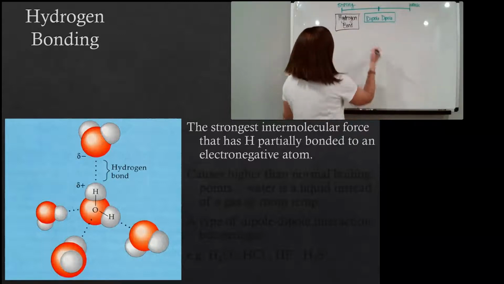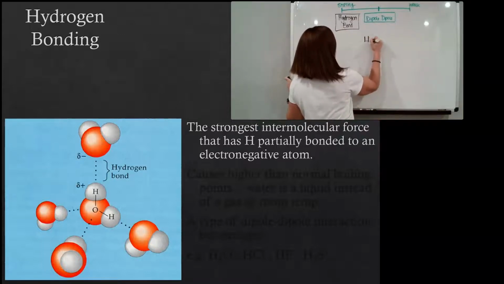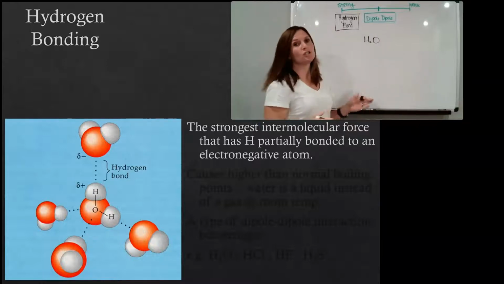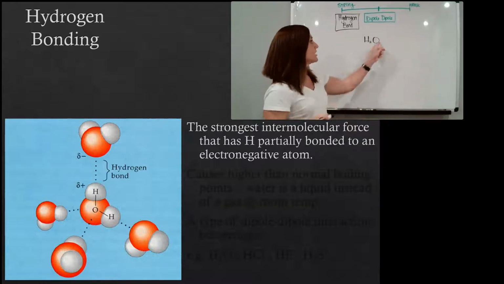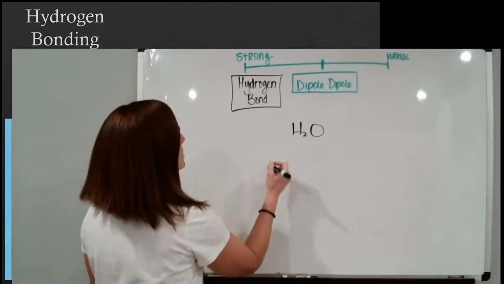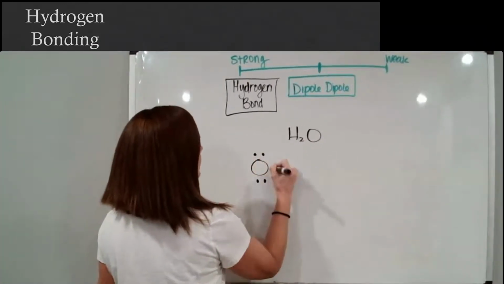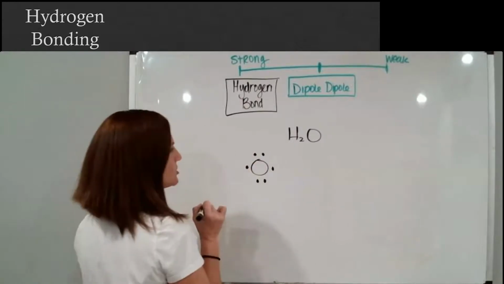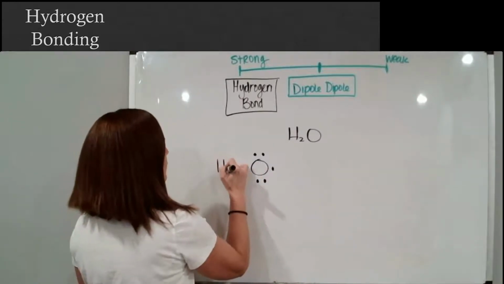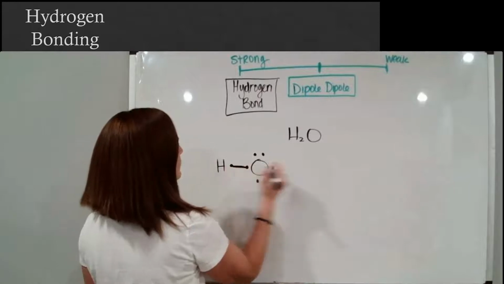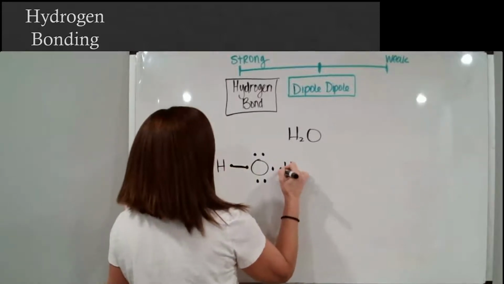Water is, as you know, H2O. And the structure of water looks like this. Oxygen has 6 valence electrons. So we put 1, 2, 3, 4, 5, 6 valence electrons. And then we put our hydrogens on here and form our bonds like this.